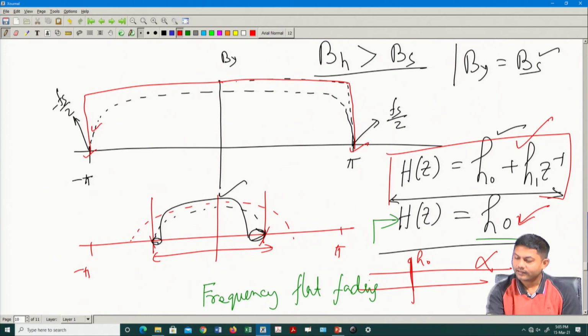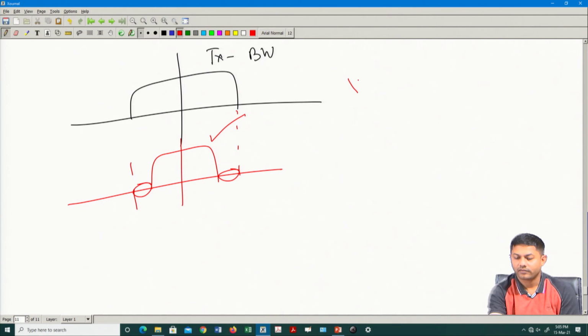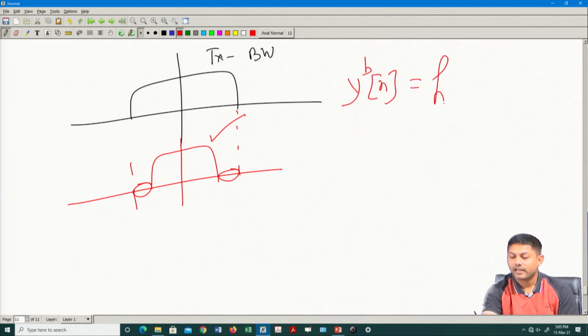Look at this. If you have this kind of filter, what does it mean? What is the y[n]? y[n] is h0 x[n] plus h1 x[n minus 1], not x.